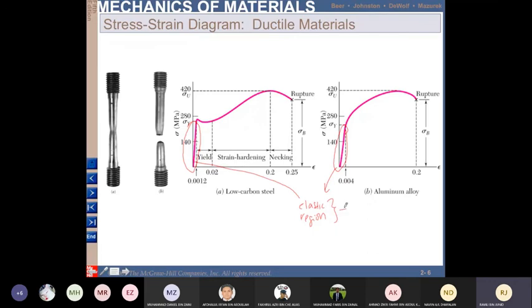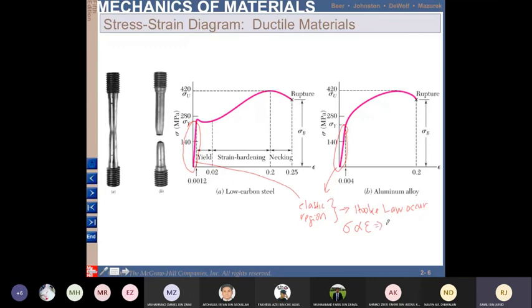This elastic region is where Hooke's law occurs. Hooke's law occurs in this elastic region, in which Hooke's law says the stress is directly proportional to the strain.